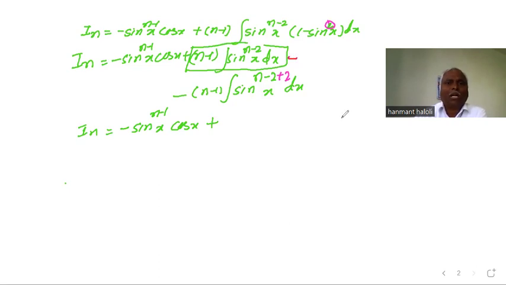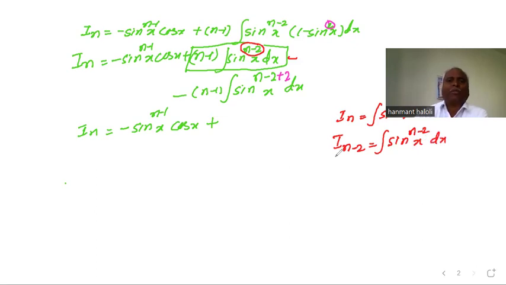Now we have In equals integral sin raised to n x dx. This is In. Now here we have sin raised to n minus 2, which means I n minus 2 equals integral sin raised to n minus 2 x dx. This is I n minus 2.